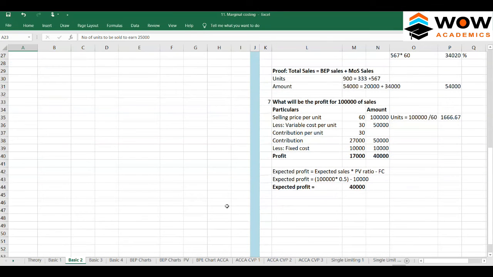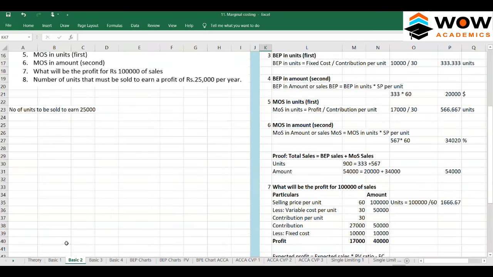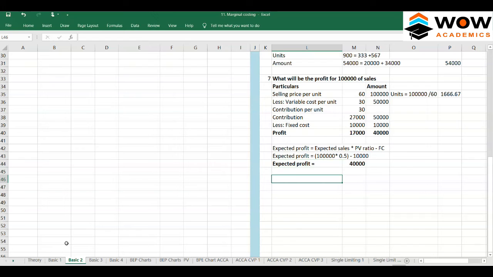So let's get that here. So how do we work out this? So we have again a formula.